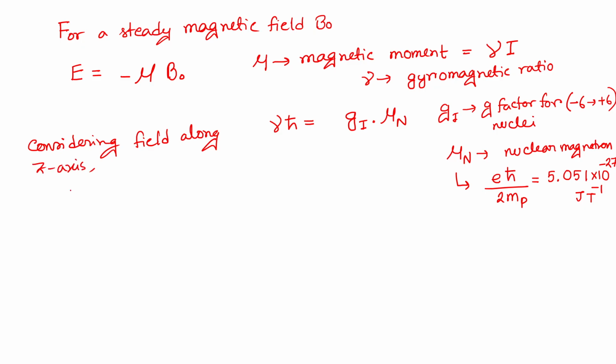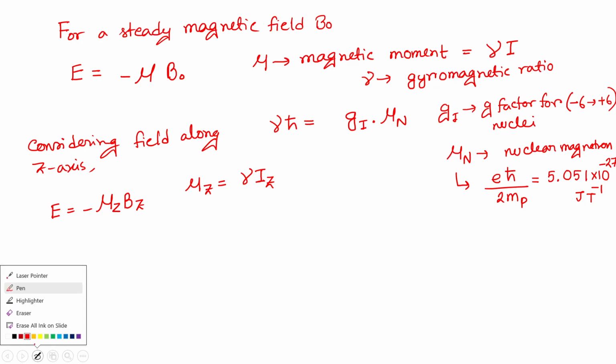So the energy is minus mu z B0, where mu z is gamma Iz. In that case, the magnetic moment along the z-axis will only interact with your B0.